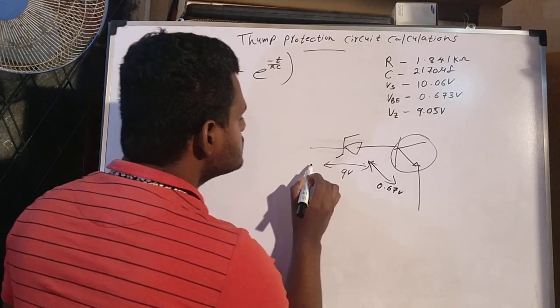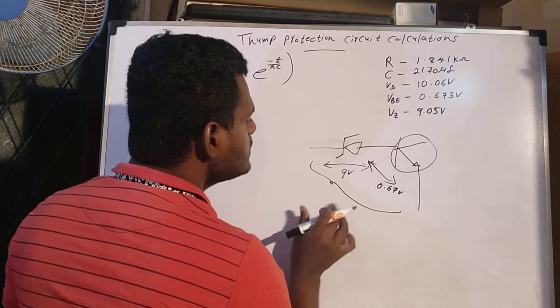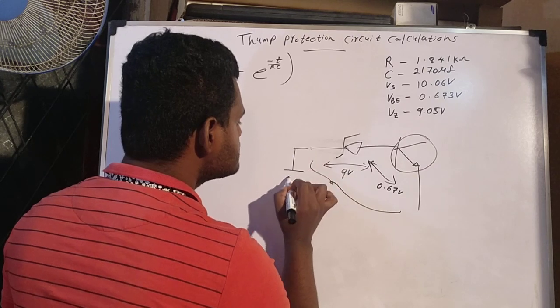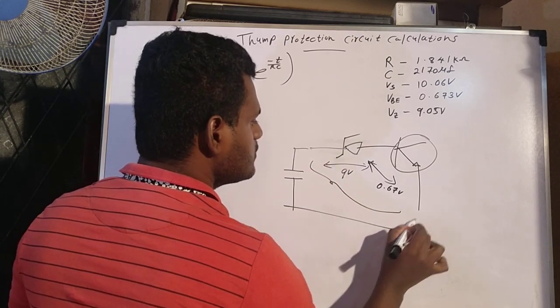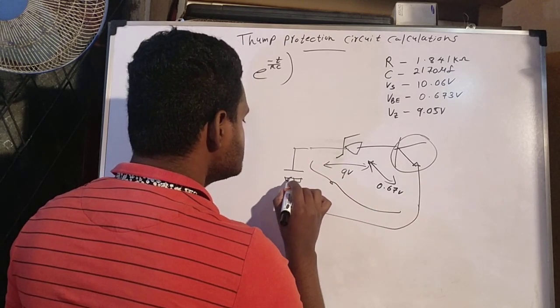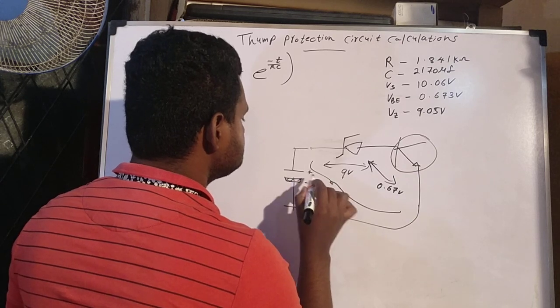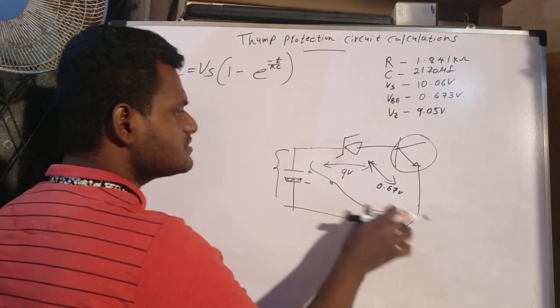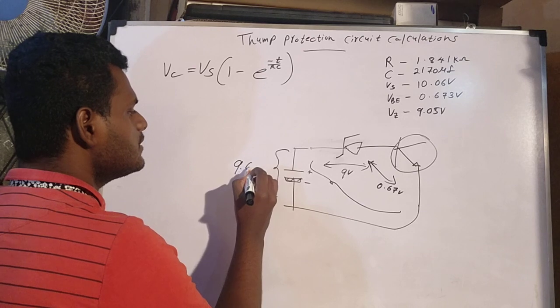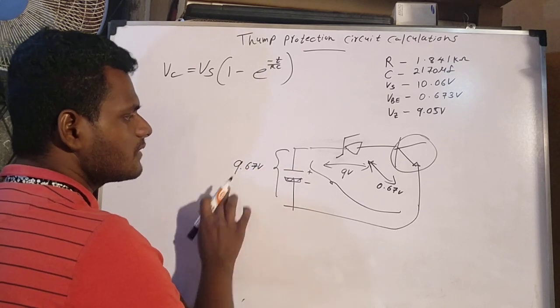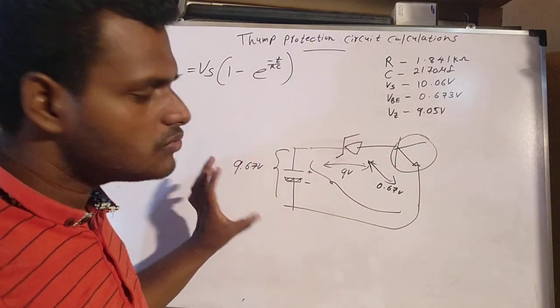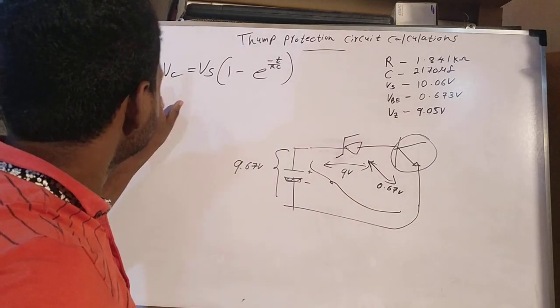So the total on this capacitor, the capacitor voltage, we can take as 9.67 volts. That is the method to get that voltage here.